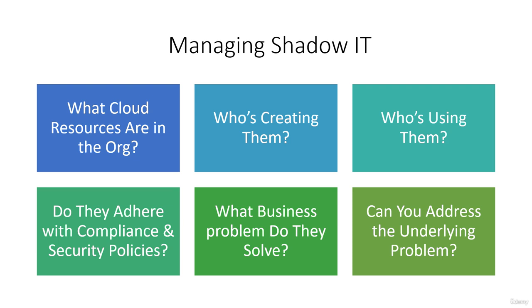Here are a few things to think about when it comes to reducing the risk of shadow IT. So first of all, actually understanding which cloud resources already exist in the organization. You may find that you already have shadow IT. Go and find out where those pockets of cloud actually exist.